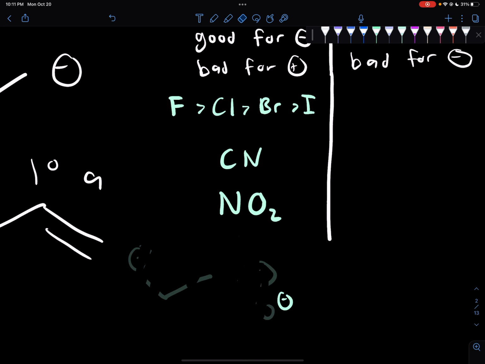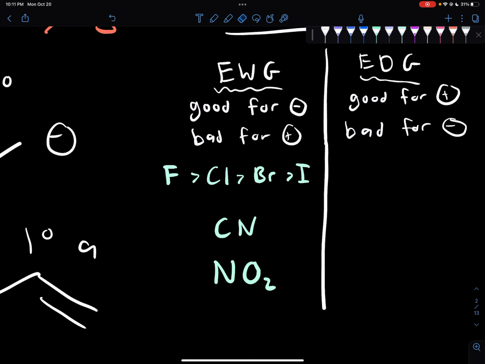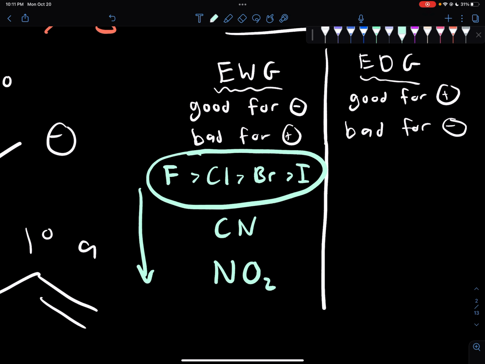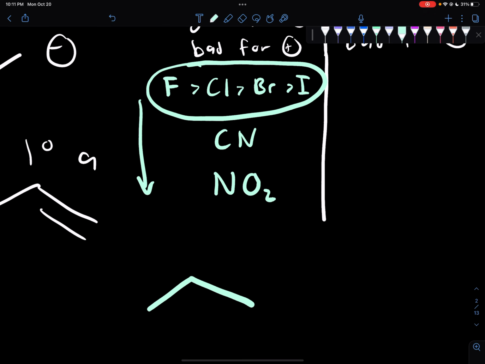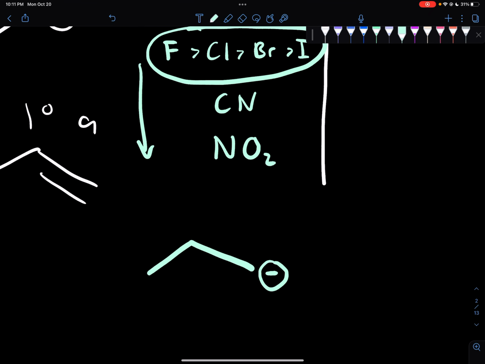Now, in terms of how these rank to each other, it really doesn't matter. What I wrote is the correct ranking in terms of increasing inductive effects. But out of everything, you should know at least fluorine versus iodine, because they can easily give you this. They'll be like, rank by anion stability, and they'll give you these two options. The first one has iodine, and the second one has chlorine.